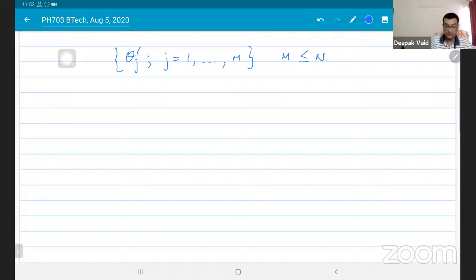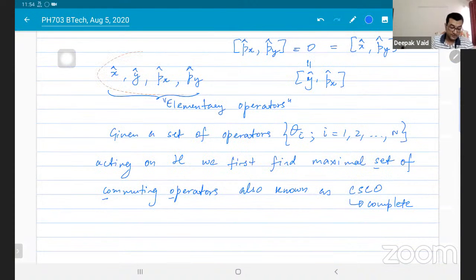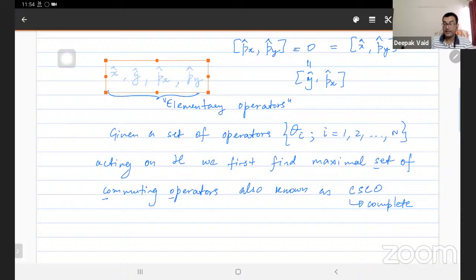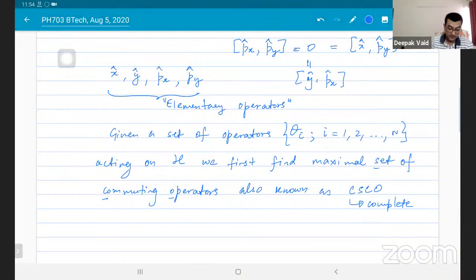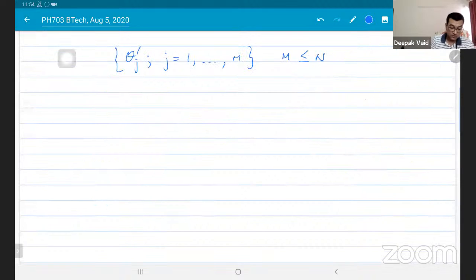So for example, in this case, n is equal to 4. So O_j prime is a maximal set of commuting operators, which means that if you look at the commutator of any 2 operators in this set, that commutator is 0.